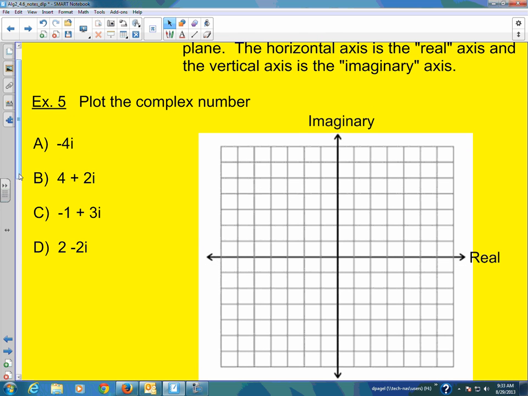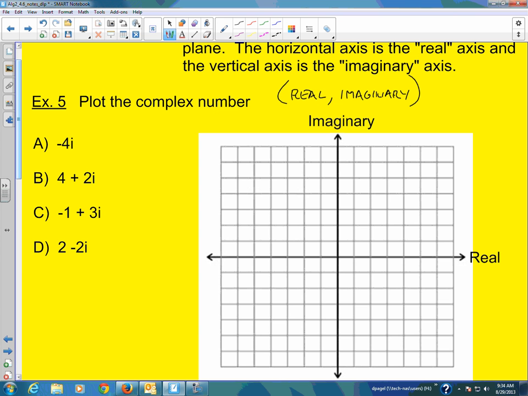Now, plotting a complex number, you can still think of it like plotting a coordinate. What we're going to plot is the real, comma, imaginary. And that's going to be our point. We're going to plot the real and the imaginary.